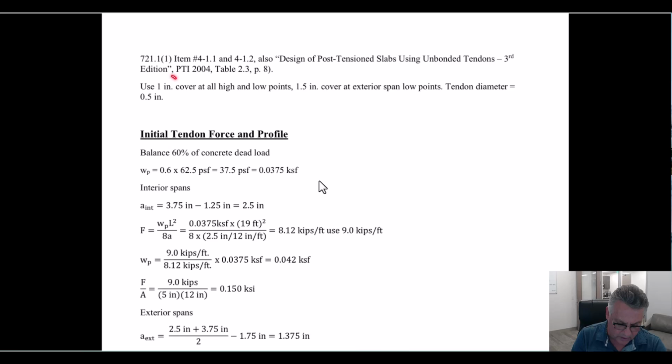We are required to have a 1-inch cover at all high and low points for what are called restrained slabs, which the code defines as every bay on the inside of a structure, so not the end bays. The end bays are considered to be unrestrained bays for fire, and those bays require a 1.5-inch cover. So we have a 1-inch cover on the inside bays, 1.5-inch cover at the exterior bays. That's the way life is right now.